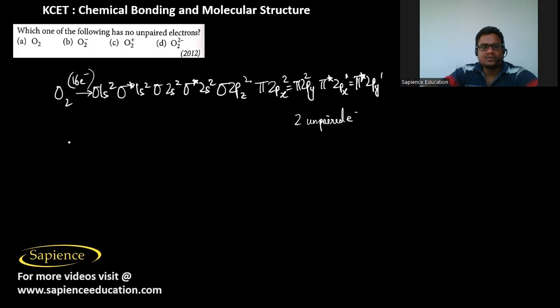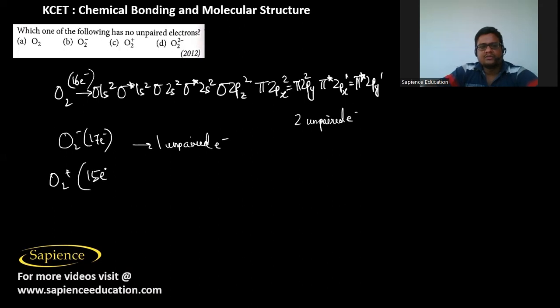so it means that in O2 minus it will have 17 electrons. So it will have one unpaired electron. Then O2 plus will have 15 electrons. So here also it will have one unpaired electron.